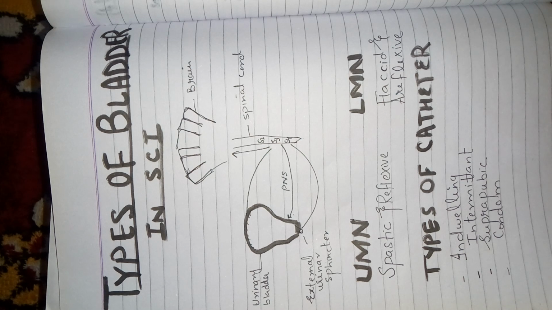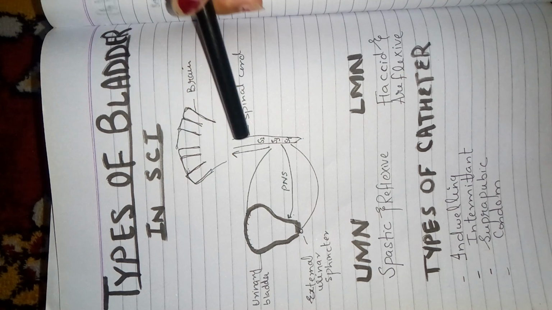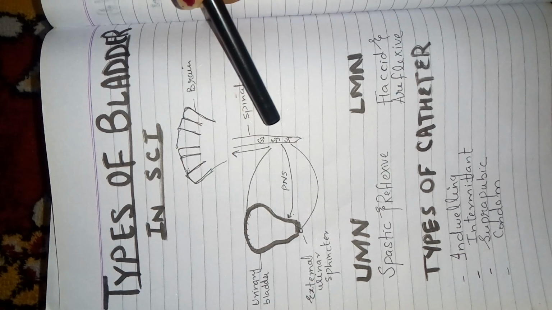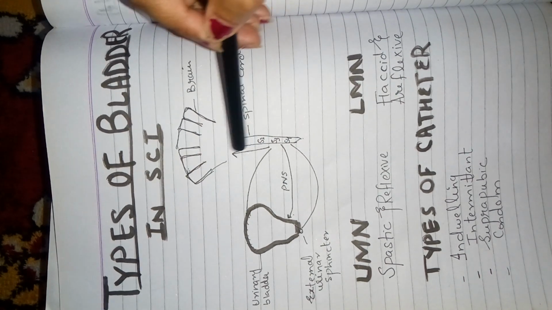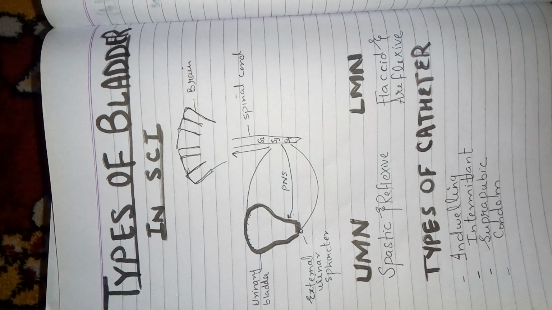But in addition to signals going to the sacral levels of the spinal cord, signals also travel upward towards the brain, or more specifically towards the pons and cerebrum. From there, the brain decides whether it is suitable for the person to urinate at this moment or not.